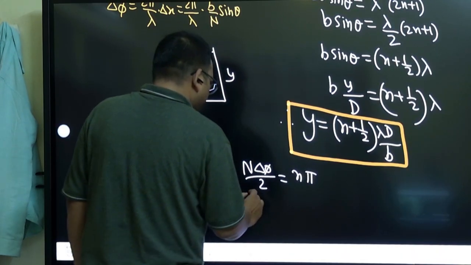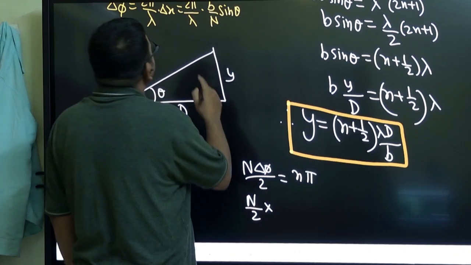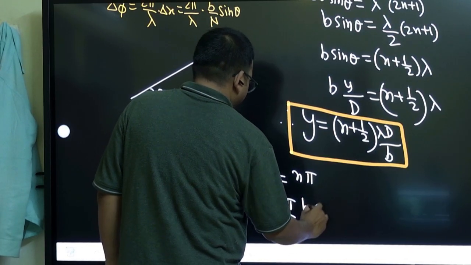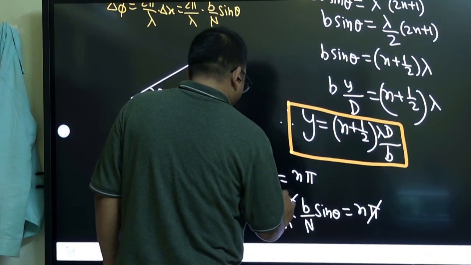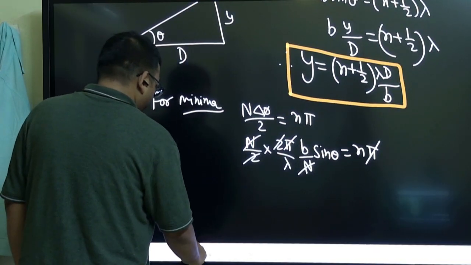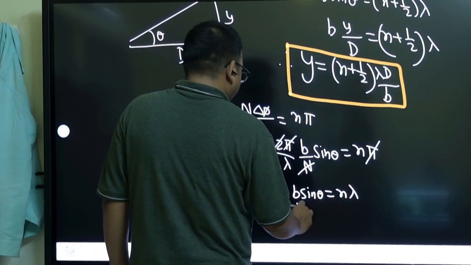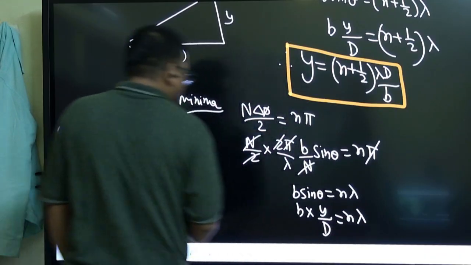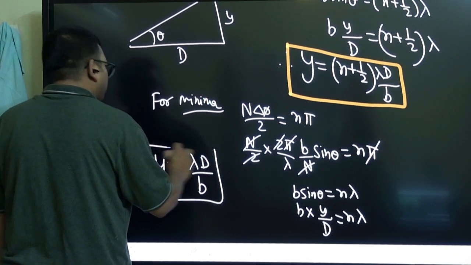Substituting the delta phi formula we have written, 2 pi by lambda times b sin theta by 2 is n pi. Pi and pi get cancelled, 2 and 2 get cancelled. So from here you get b sin theta as n lambda. Again, sin theta is y by D, so y is equal to n lambda D by b. This is the result for minima.